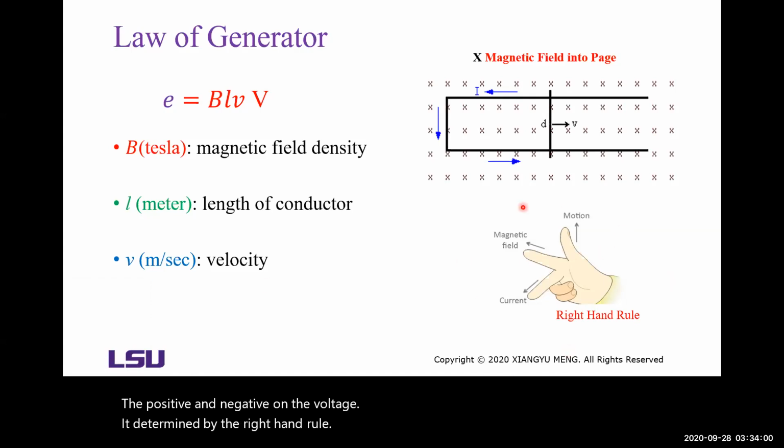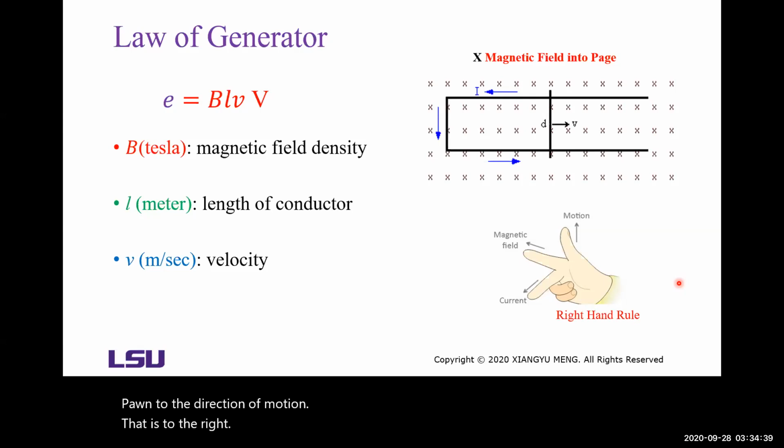You can have your right hand like in this figure. Thumb, forefinger, and middle finger form the three axes, X, Y, and Z. Let your thumb point to the direction of motion, that is to the right.